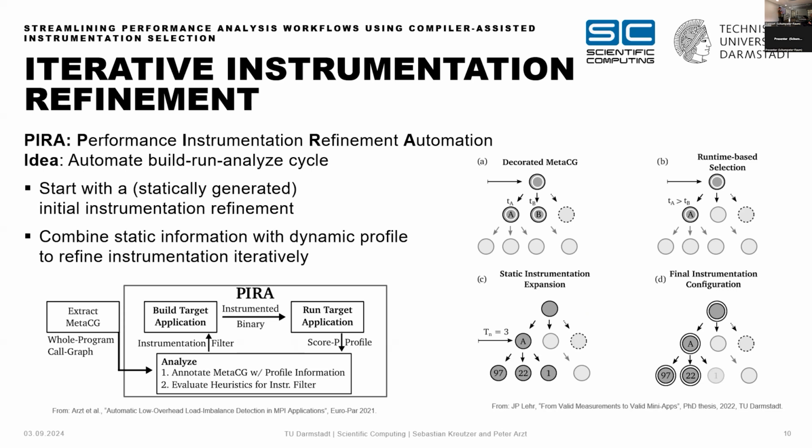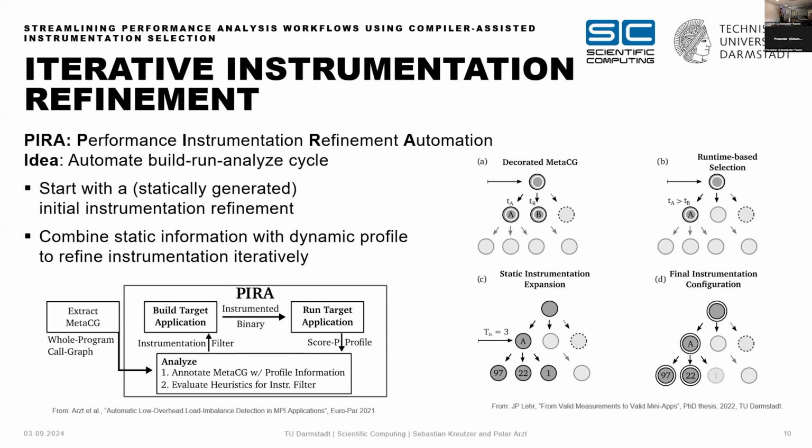You can see the workflow that PIRA uses here on the slide. Just as with CAPI, we start with a MetaCG call graph, which is then used as the starting point for the cycle, which represents the build, run, analyze cycle. Just as a human performance analyst would do, PIRA builds the application, runs the application, and then uses the information resulting from the profile to advance and refine the instrumentation.